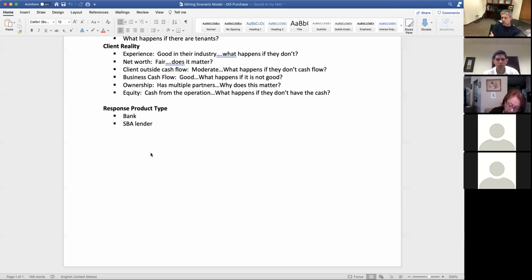You walk them through some general interest rates, which will be dependent upon how strong they are, how weak they are. And then you'll explain some of the nuances of the SBA, the fees, the fact that they're going to take a second on your home, some of the things that come with an SBA loan.